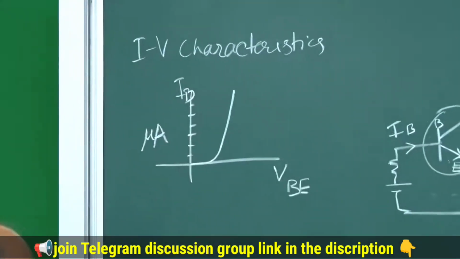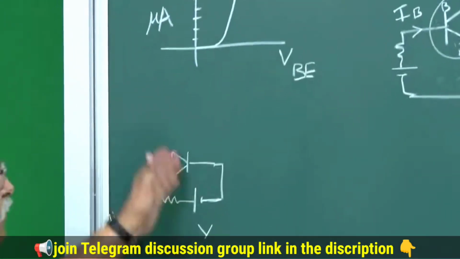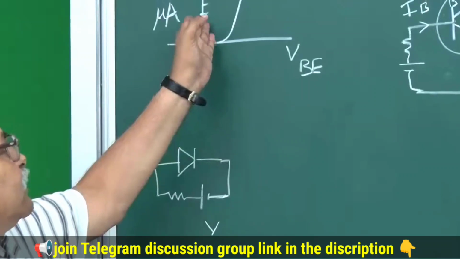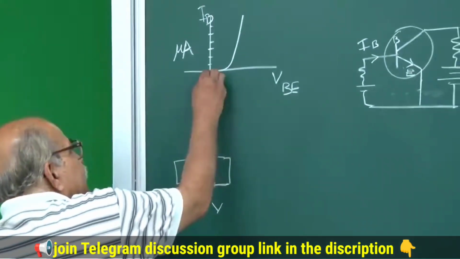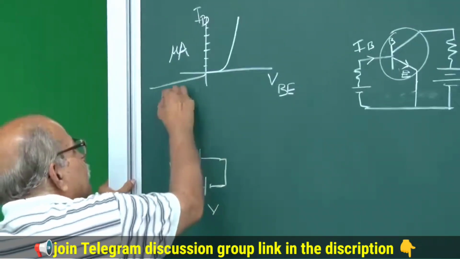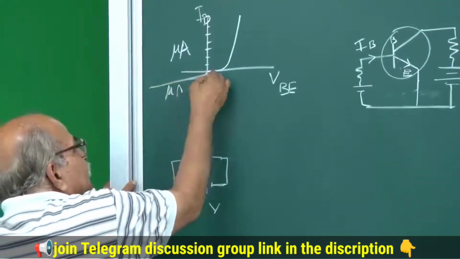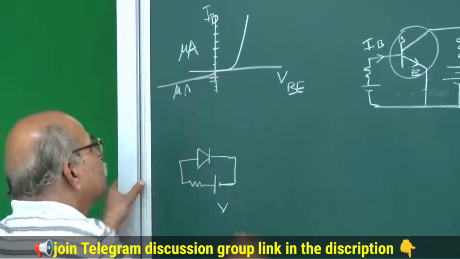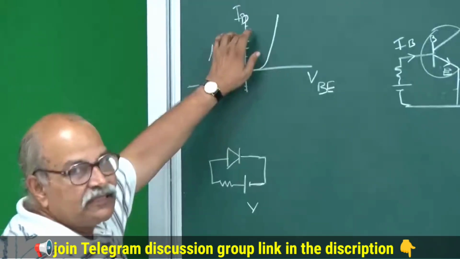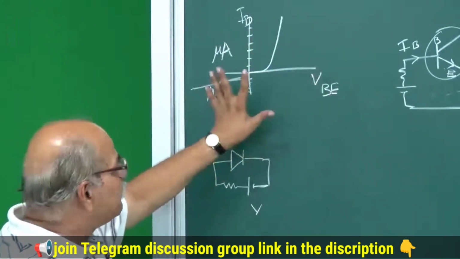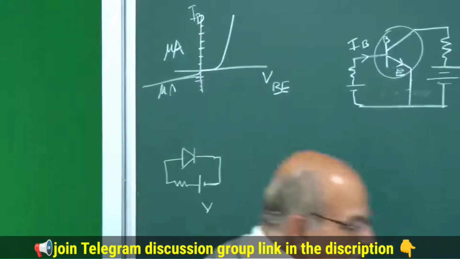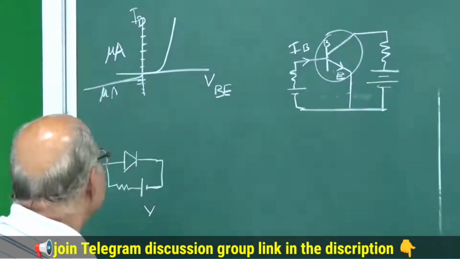In a normal p-n junction like this, when we draw forward bias, we write in milliamperes. If I reverse it, reverse bias, then on this side we have microamperes. The scale on this side we draw in microamperes, this side we draw in milliamperes. But in this case, the shape will be the same, but the values will be different.